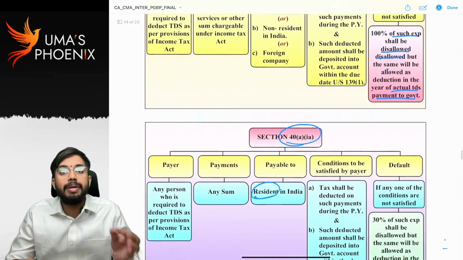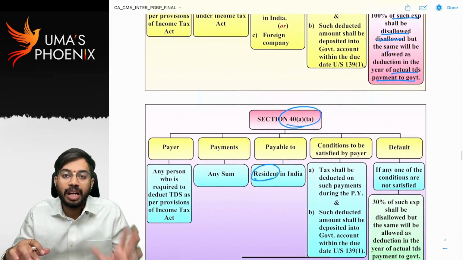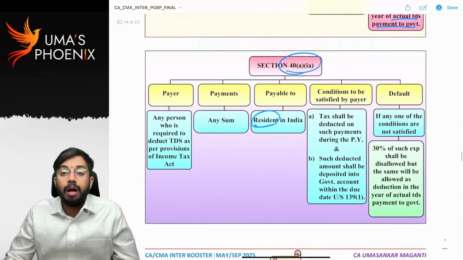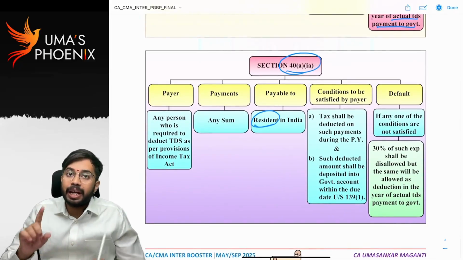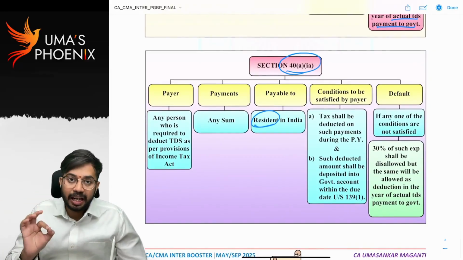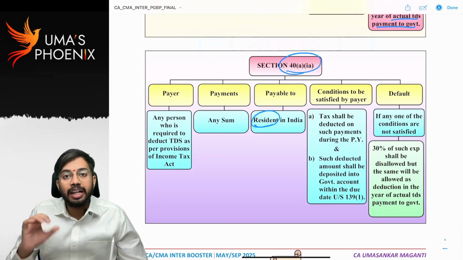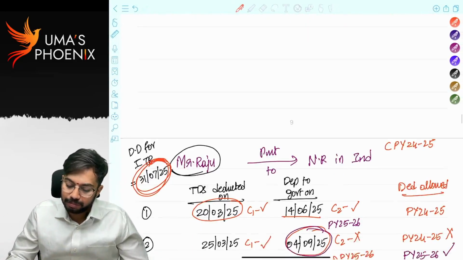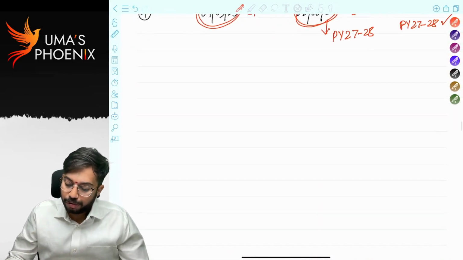When payment is made to a resident in India, then 40A(1A) comes. Same provision as it is. Any person who is making a payment to a resident in India is required to deduct TDS, and deducted TDS is to be deposited to the government. Same provision. 40A(1A).